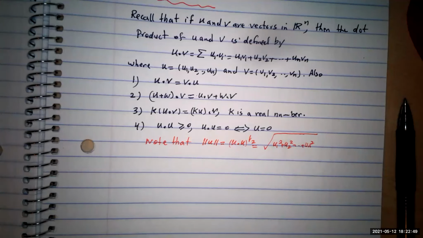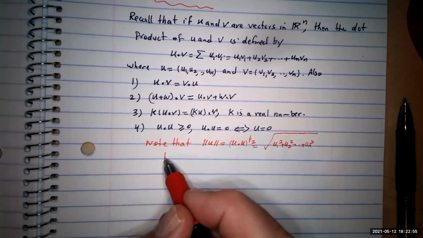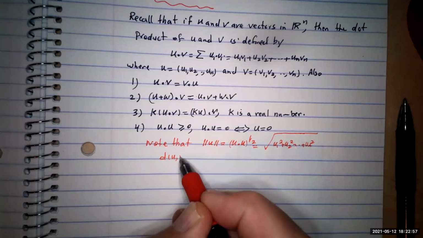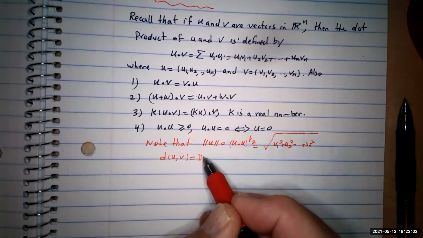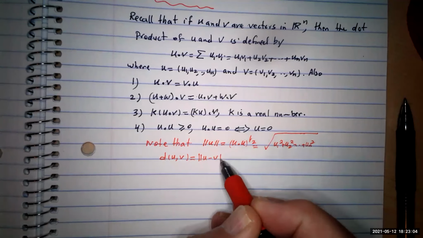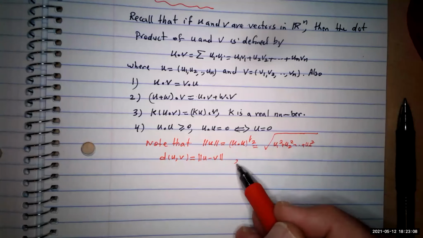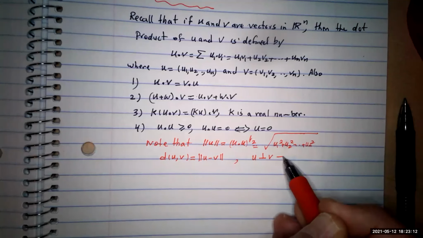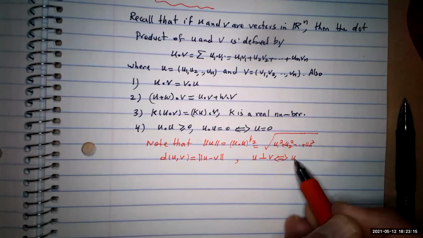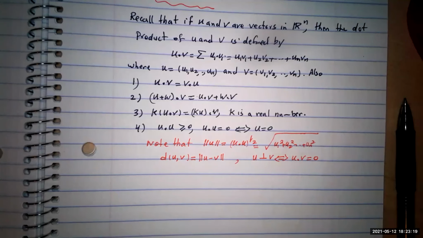As soon as we defined the norm, we were able to define the distance. The distance between two vectors we define to be the norm of u minus v. Then we were able to define orthogonality: u is orthogonal to v if and only if u dot v is equal to zero.